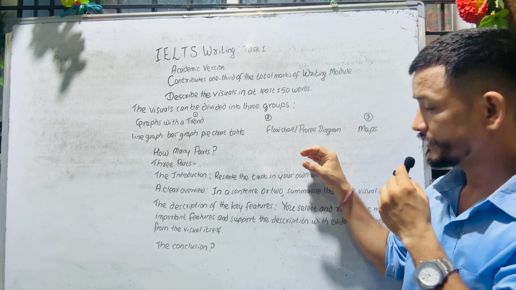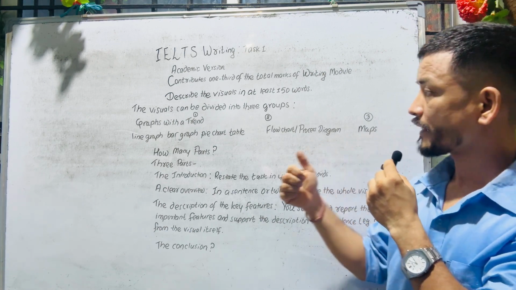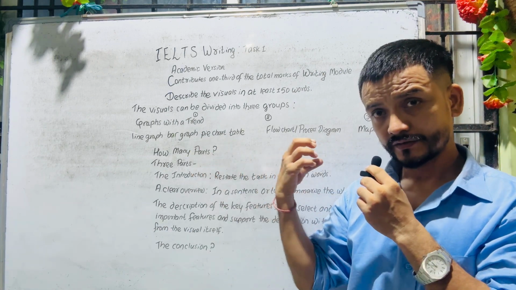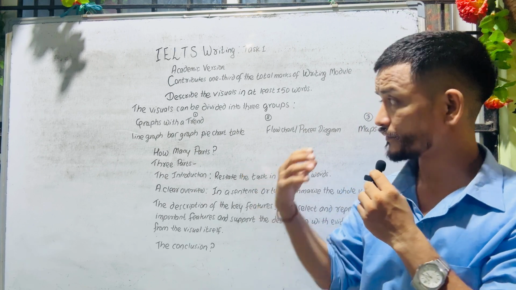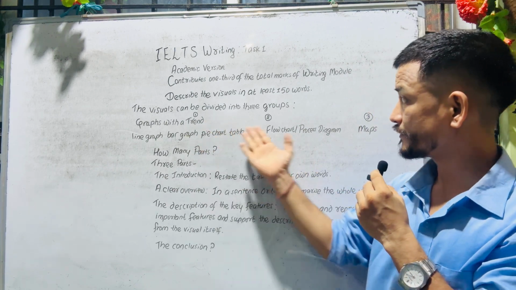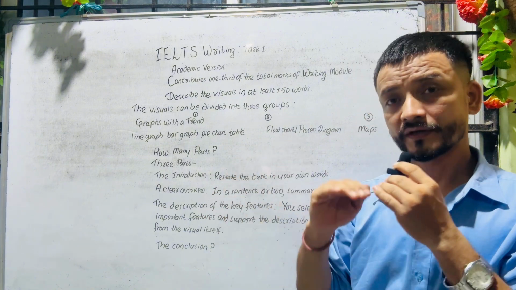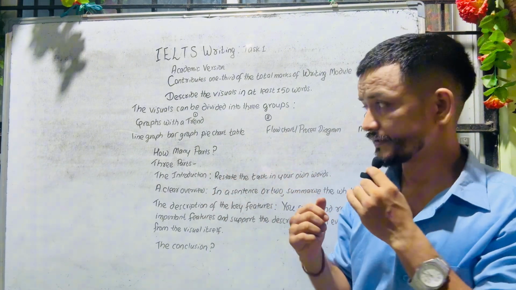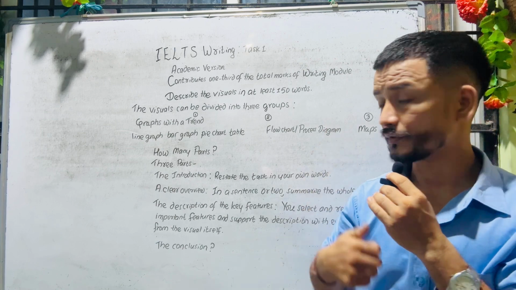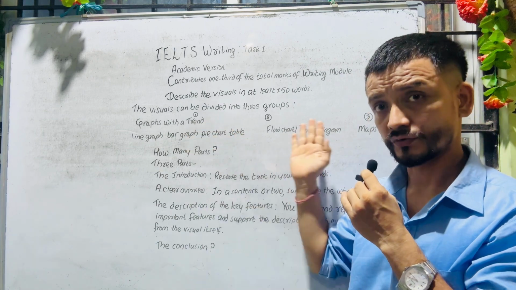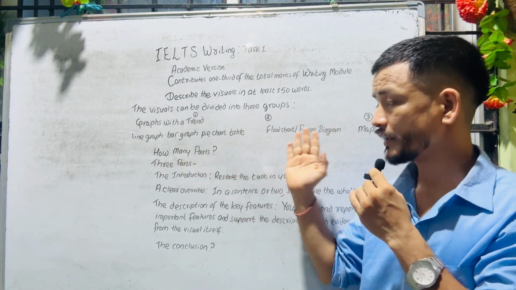Next, flowchart. Next, maps. I've divided IELTS writing task 1 into three groups because these three types of task 1 require different types of strategies. In next videos, I'm going to explain how to do all these three question types.